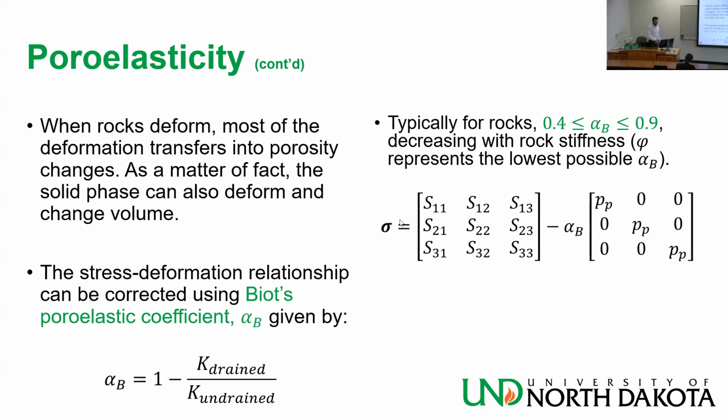Obviously, if I set alpha b equal to 1 in this equation, I do get what I had before. But it's not for everything. If we do the model for the near wellbore stresses, don't expect to set alpha b equal to 1 and get the same answers, because it's assumptions on top of assumptions.